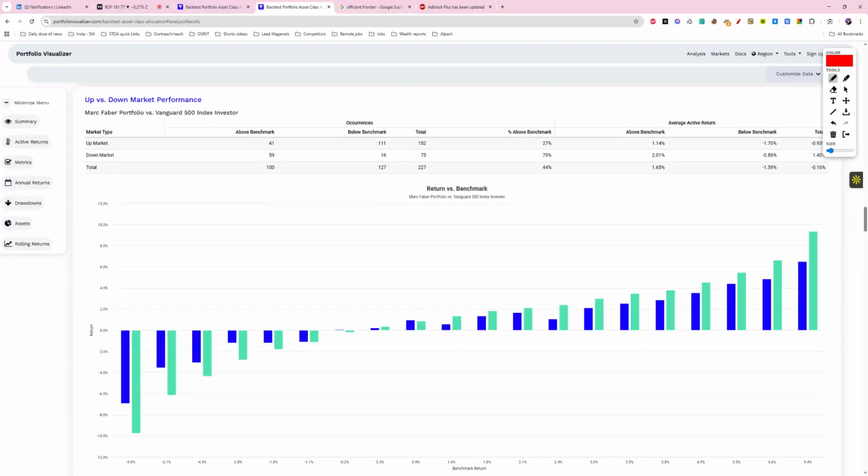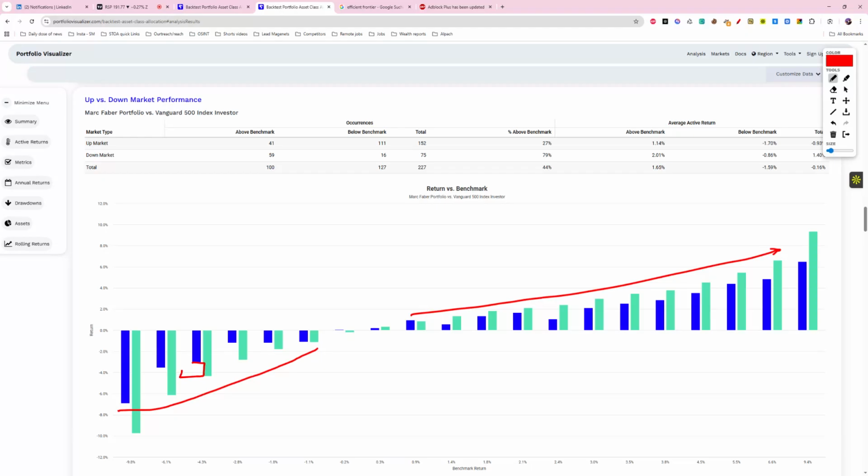And we want to watch one thing over here: benchmark versus our return. Our benchmark, the S&P 500, tends to make more, as we said, which is logical. But when we look at drawdowns, my own strategy tends to have lower drawdowns than the S&P 500 by approximately a third.